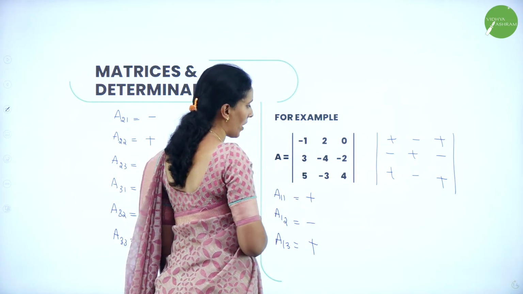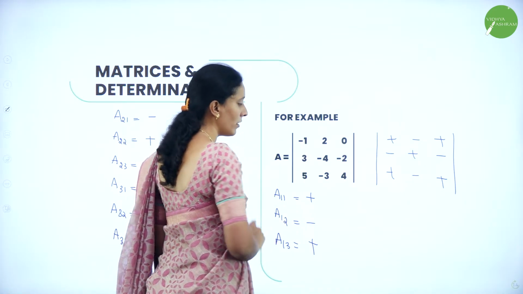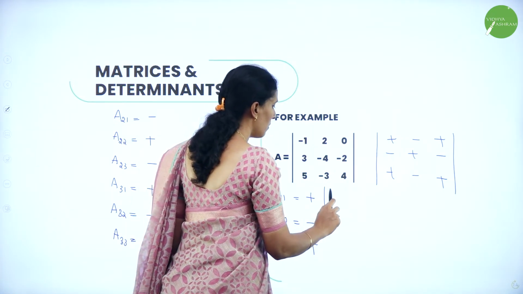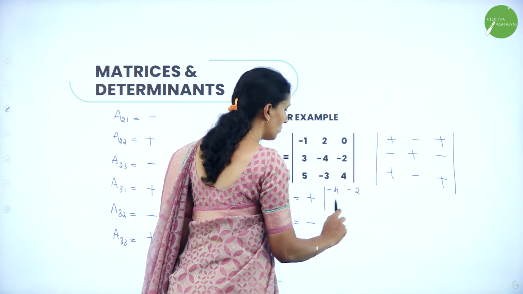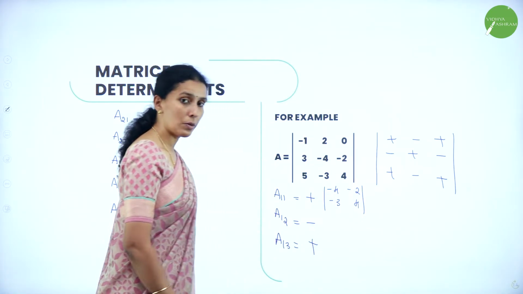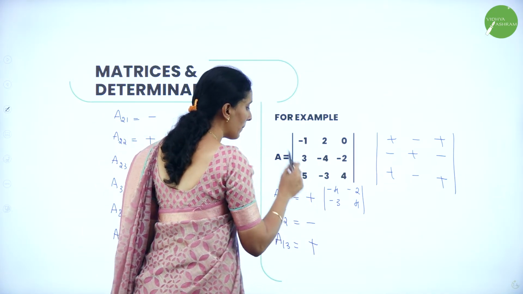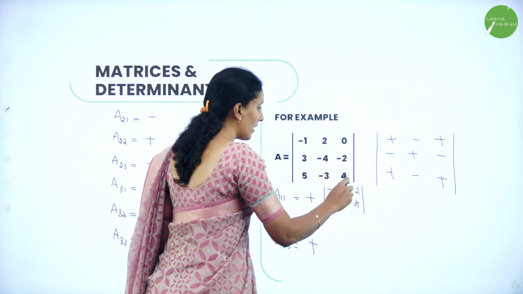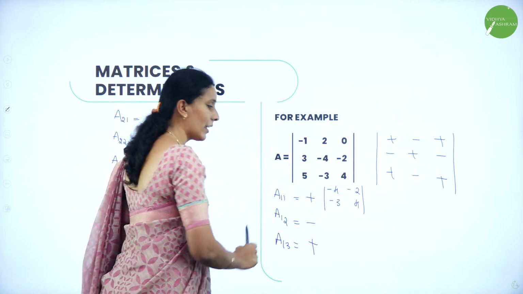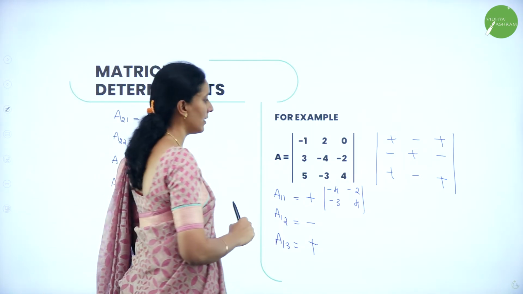What is the minor for minus 1? That is the determinant of minus 4, minus 2, minus 3 and 4. This determinant value will become the minor of minus 1, because we delete the row and column containing minus 1 and write the remaining values in the form of a determinant. Similarly, write the determinant for each and every single element inside the matrix.